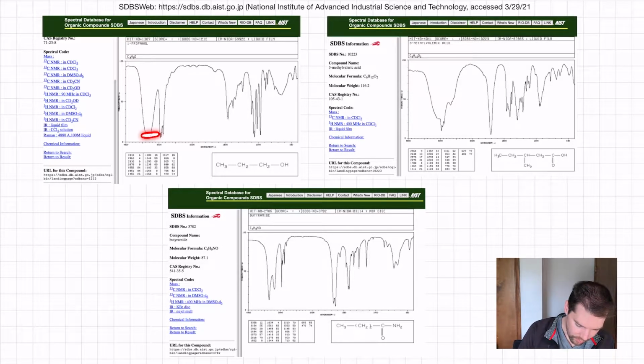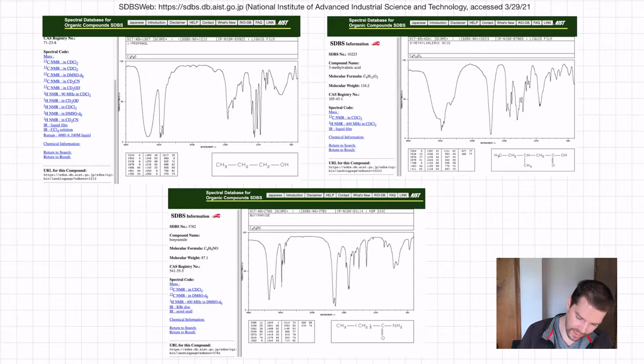This goes down really far, so we know that OH is pretty polar, and we can expect a strong signal. Broad is a reference to how rounded this thing is. See how rounded it is? Let's compare that with this right here. That is sharp, whereas this rounded one is broad. So if you see around 3300 a broad, strong peak, that's most likely an alcohol. So we can identify that right away.